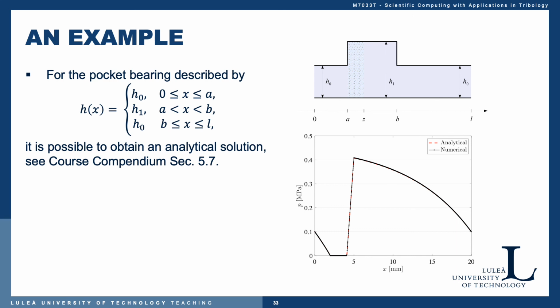Solving that by means of the LCP, the Lemke algorithm to solve LCPs numerically, will give us a solution which, if sufficiently well resolved, will resemble the analytical solution very well, and that you can see here in the figure on the lower right, where we have plotted the pressure both for the analytical solution and the numerical solution, and as you can see, they are visually nearly indistinguishable.